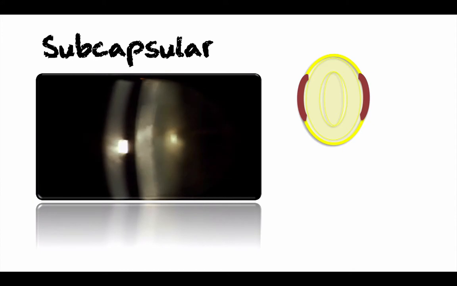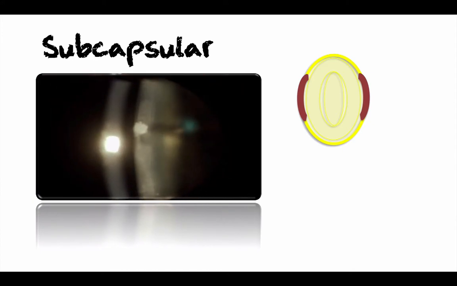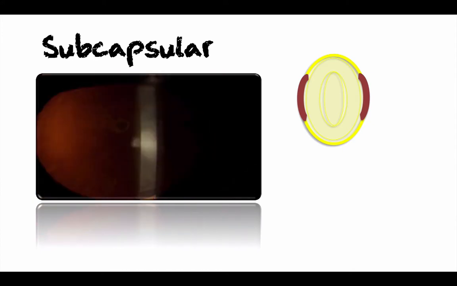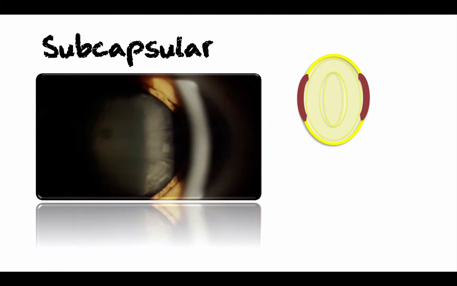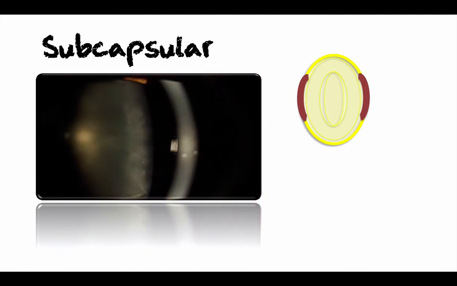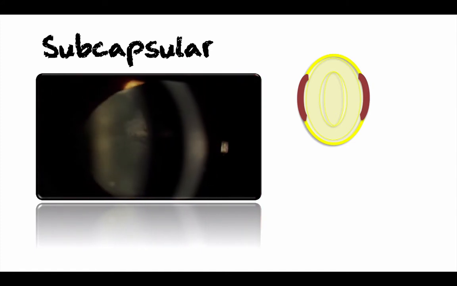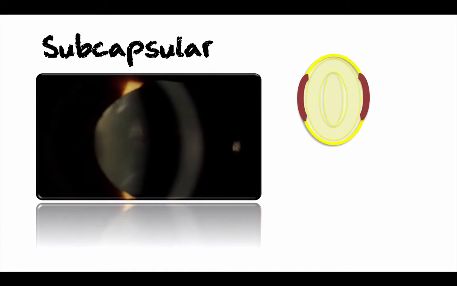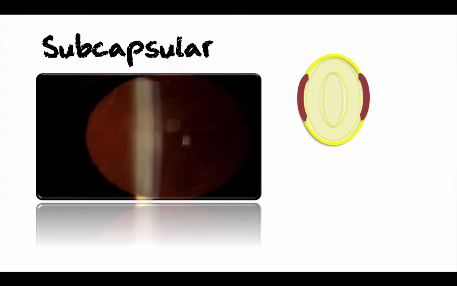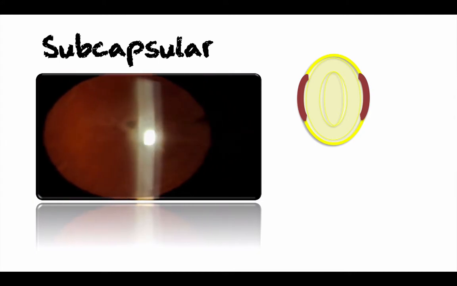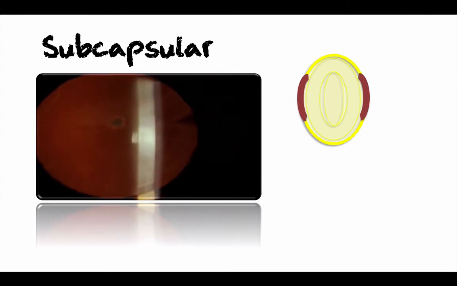Subcapsular cataracts are opacities that are located directly adjacent to the lens capsule. They can occur at the anterior or posterior side of the lens. Posterior subcapsular cataracts, or PSC, are more common and they typically have a plaque-like appearance. They are more easily visualized during retroillumination, and because of their central or near-central location in reference to the nodal point of the eye, they tend to cause significant visual symptoms early on.